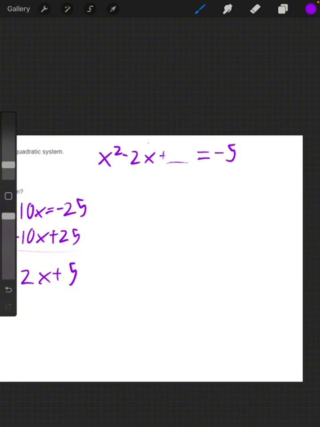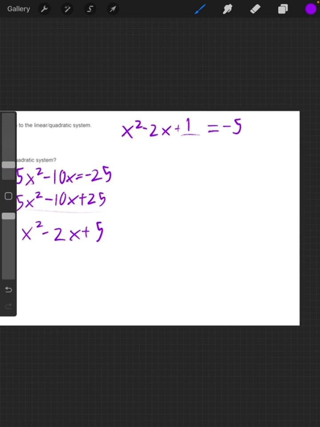Now if we take half of this number, square it, we get 1. So then we can factor this part, so we have x minus 1 squared, right?